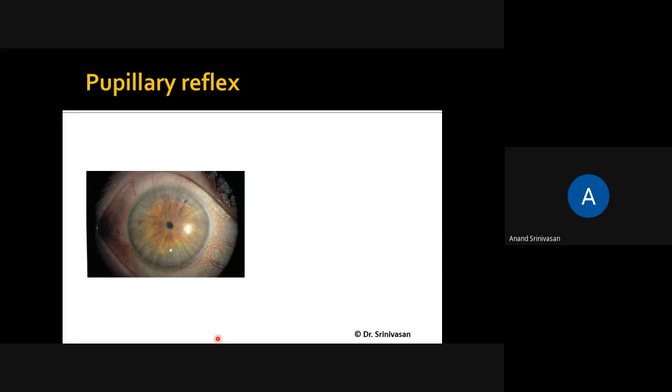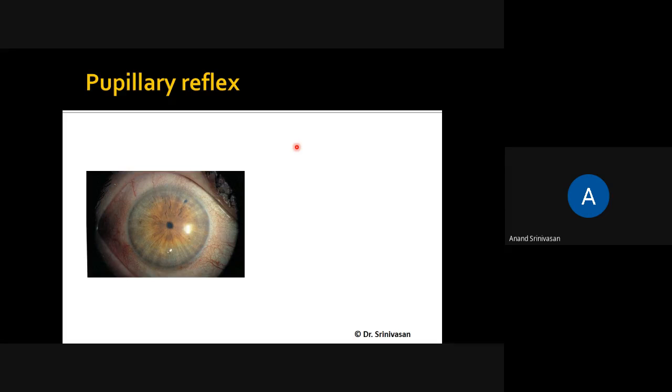Otherwise you can say that this is a pinpoint pupil, and the pupil is not reacting to light, or it is vaguely reacting to light. Why is this important? This pupillary reflex is very important to identify certain conditions, especially in persons who come with coma.